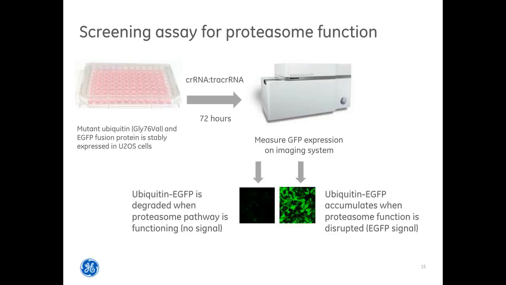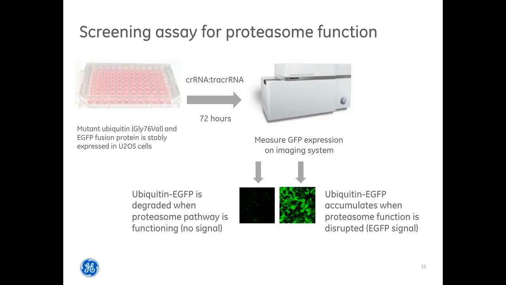So we used an engineered U2OS cell line that has a mutant ubiquitin fused to EGFP, such that when the proteasome pathway is functional, the ubiquitin gets degraded and there is no GFP signal. However, when the proteasome function is disrupted, either by knockout or knockdown of proteasome components, we get an accumulation of GFP and then we get a signal.